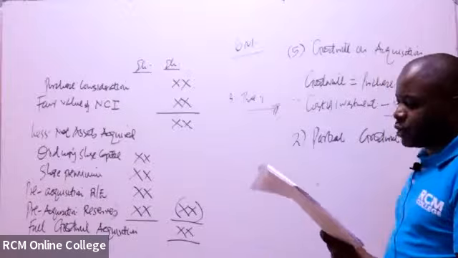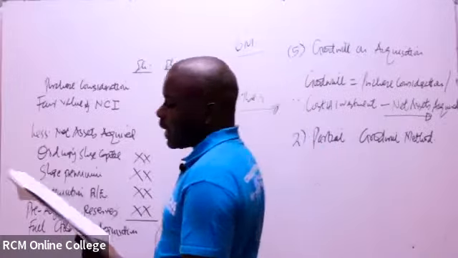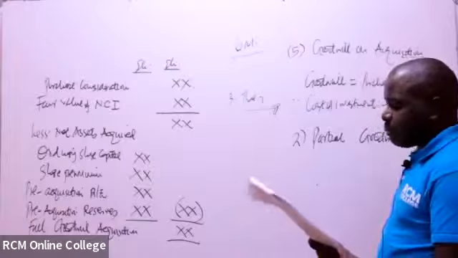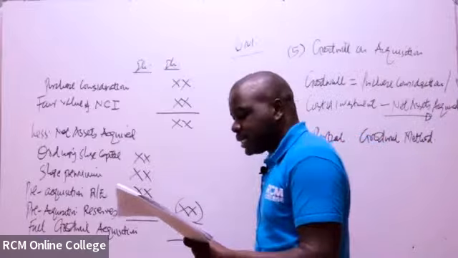The non-controlling interest, or the NCI. Now you need to get used to calling it just NCI. The NCI is measured at their proportionate share of the fair value of the subsidiary's net assets.